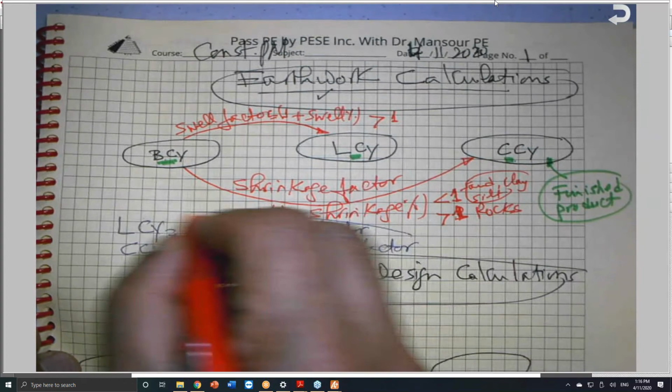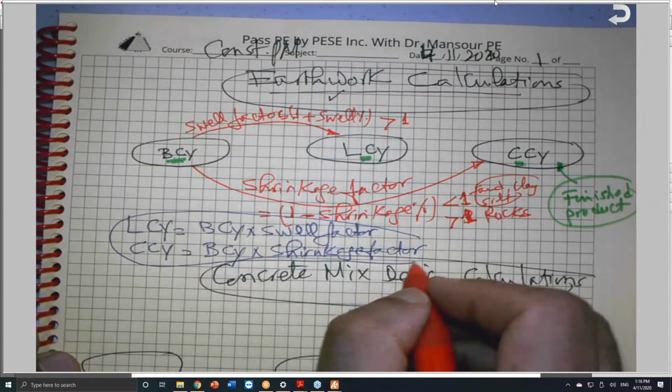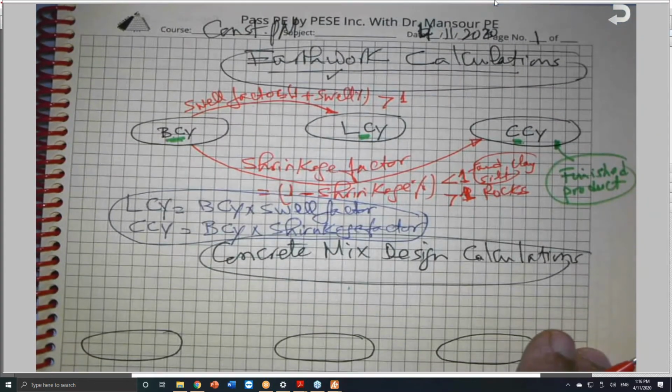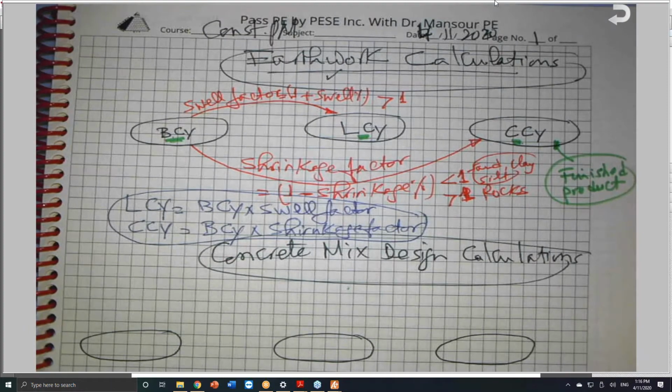Those are the two important relationships that we're going to use, and the other relationships are given in my books and in any other book available in the market.